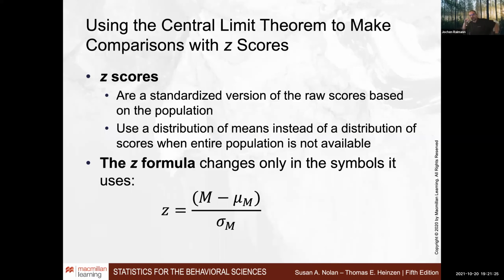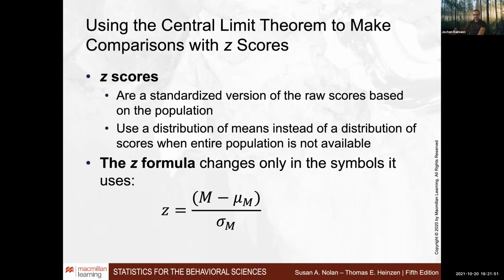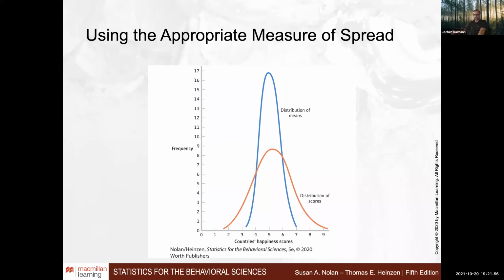So now your x-axis is still a raw score, but your x becomes a mean, and you're still subtracting the population mean, right? Then you're dividing it by the standard error, and this gets you to a z-score. So it's the same concept, just with two distributions.